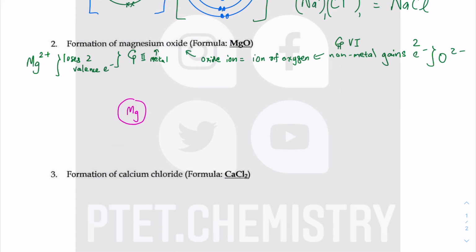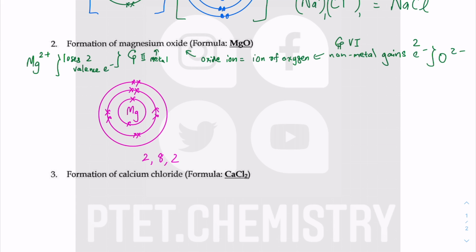So magnesium, originally the atom consists of 3 shells because you are a period 3 element. So I'm going to draw the atom first, which I'm using a cross. So this is 2, 8, 2: 2 electrons in the first shell, 8 electrons in the second shell, 2 electrons in the third shell, is in period 3, group 2, 2 valence electrons there.